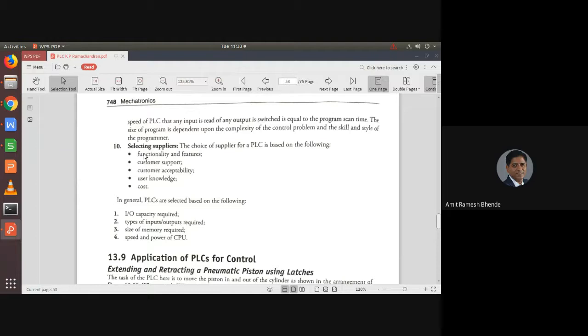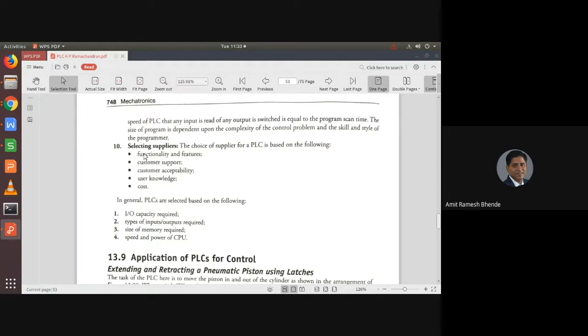So accordingly, there are various suppliers which have got their own brand value. Like for example, ABB are there, then Siemens are there. So these are the trusted brands, and depending upon their brand values, you can also select the PLCs.